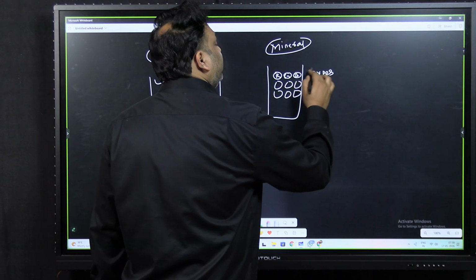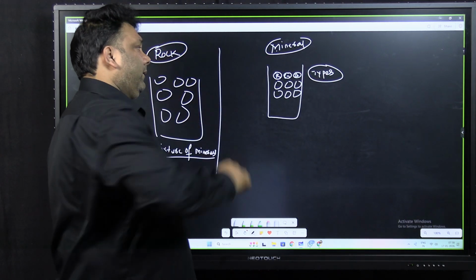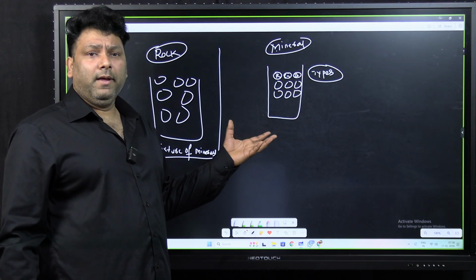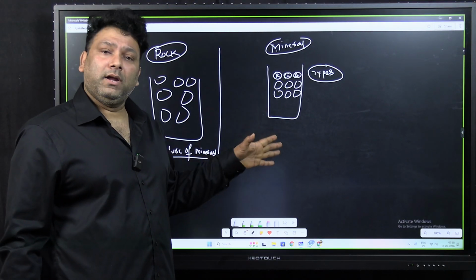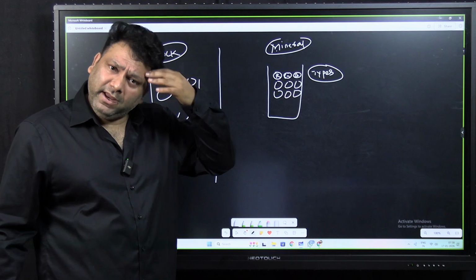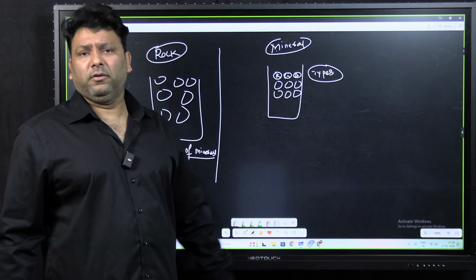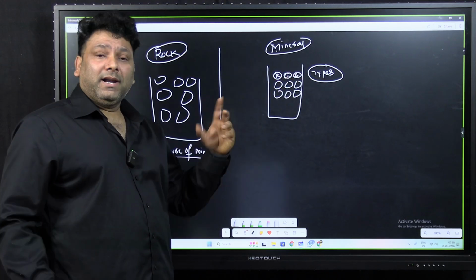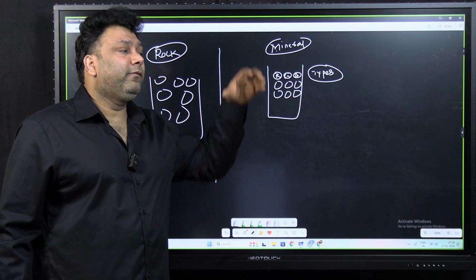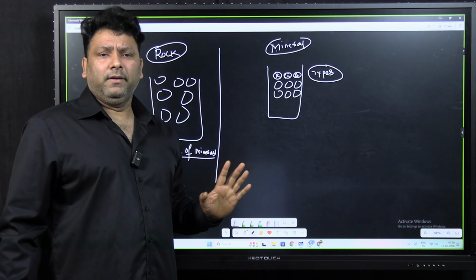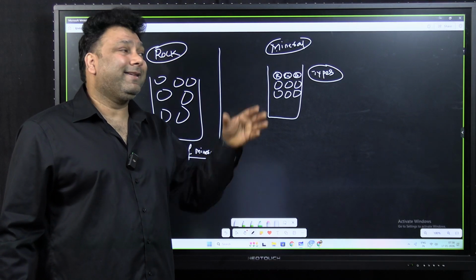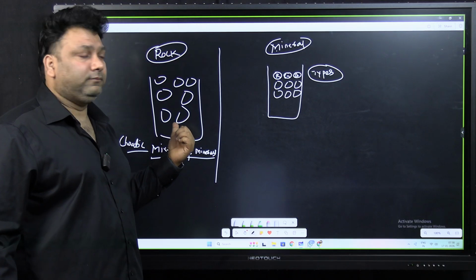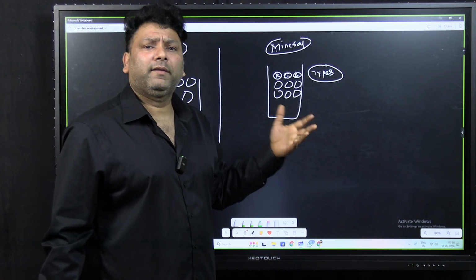The only difference between a mineral and a rock, at the definition stage, is that a mineral has a set formula. Whatever I am saying, you will get in any textbook or notes. A mineral has a set formula and this formula repeats by itself. So it will have a set melting point, or a range of melting point. Now what are the various types of minerals?